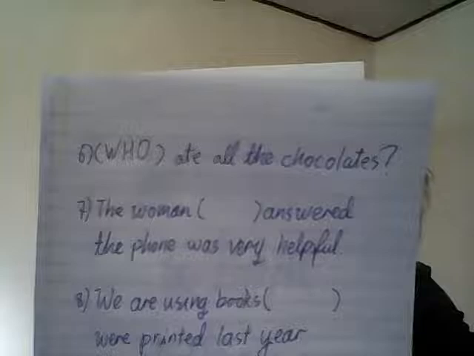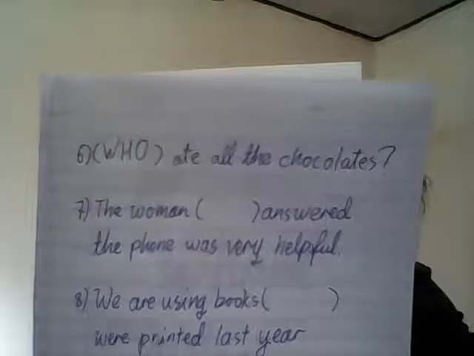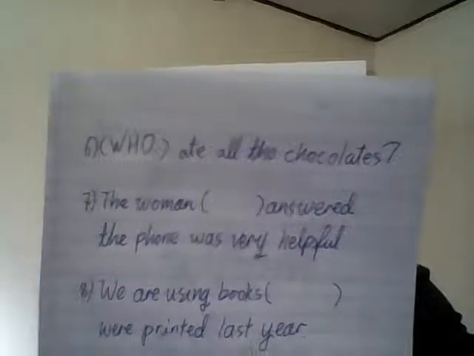Now, let's look at question 7. The woman wanted to see me is a doctor. She wants to do something. She is doing something. Same again, she is a subject. So the answer is who again.